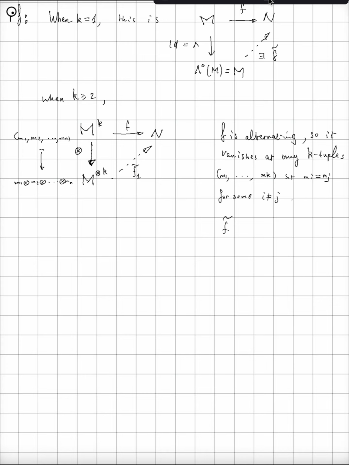So f tilde 1 vanishes at all those m1 tensor ... tensor mk such that mi equals mj for some i different from j.